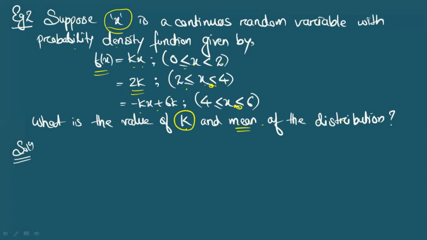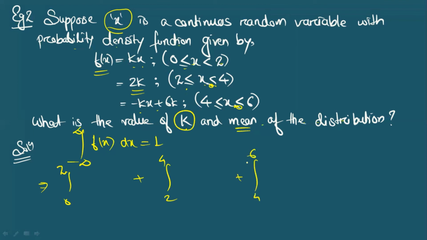First of all, for a continuous probability distribution, you can write the integral from minus infinity to plus infinity of f(x) dx equals 1. From this, you write it for 0 to 2, then for 2 to 4, then for 4 to 6.